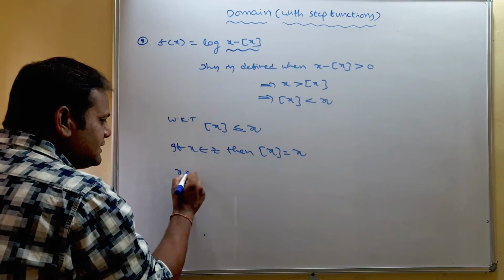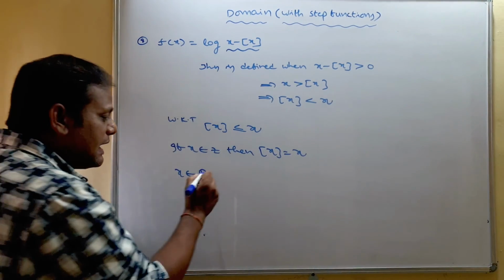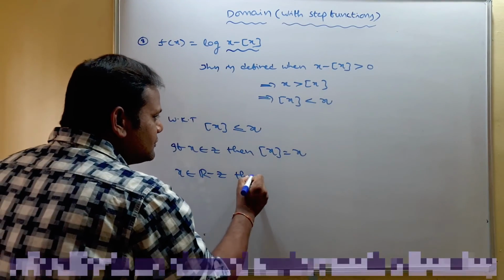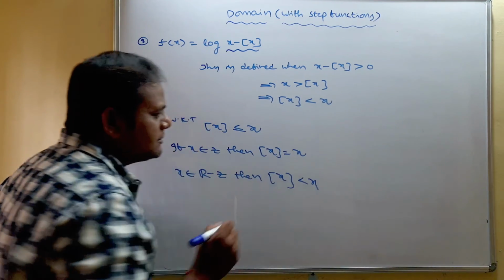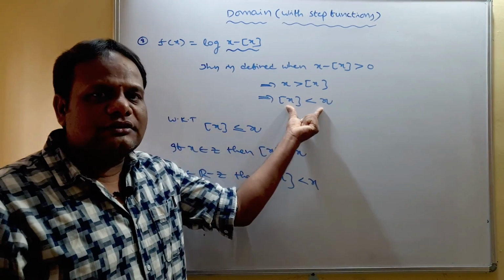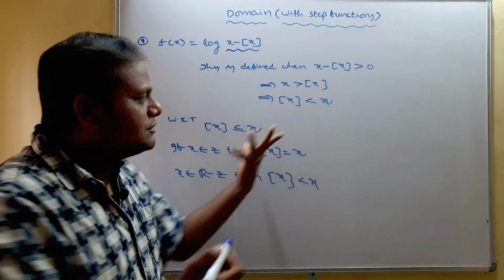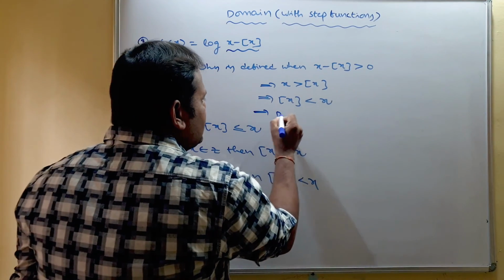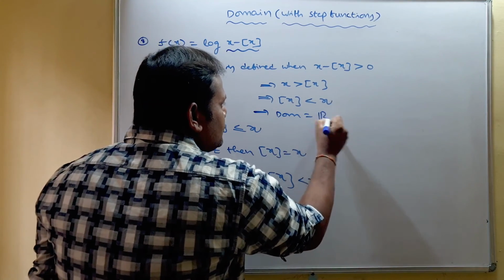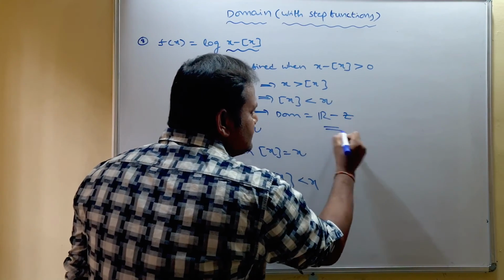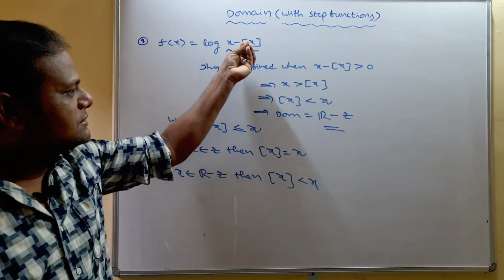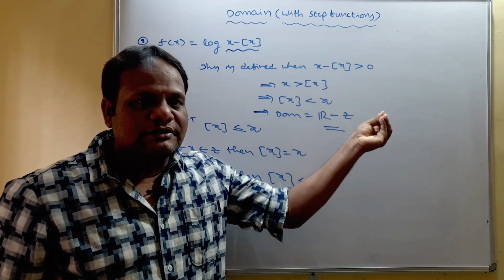Suppose x is a real number other than an integer, then you get only [x] < x. See here we got [x] < x. So can you tell what is the domain of this function? You can take any real number which is not an integer. So the domain of this function is R − Z.